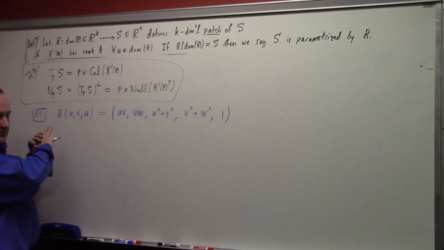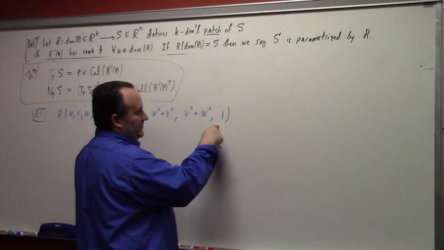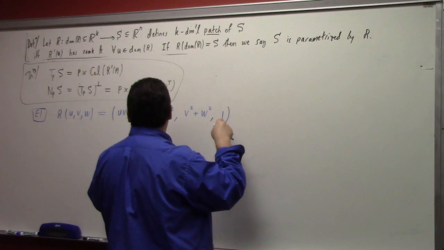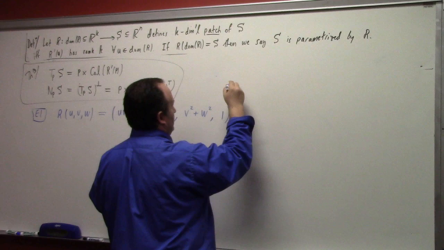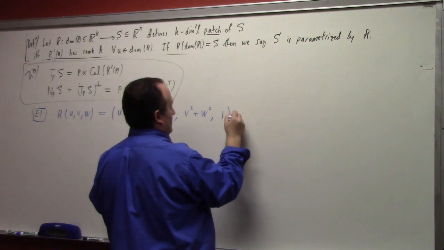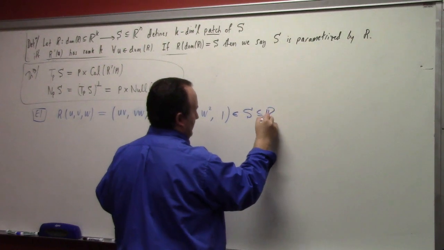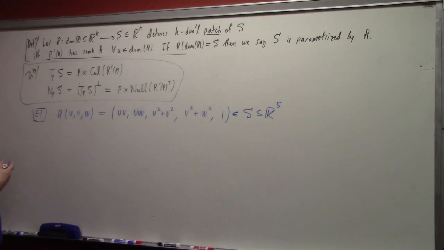Here's your, this would ostensibly be 1, 2, 3, 4, 5. So we're looking at, allegedly, this is an element of S, which is a subset of R5, right? So we're looking at a three-dimensional manifold in R5.